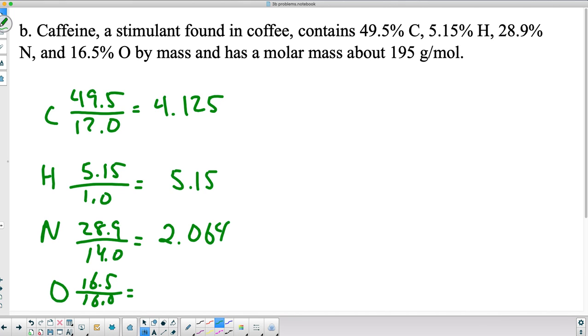And the last one, 16.5 divided by 16, is 1.03. So I divide all of these by the lowest one, which is 1.03.